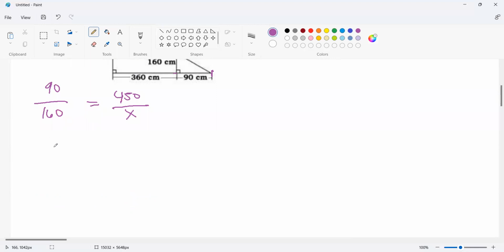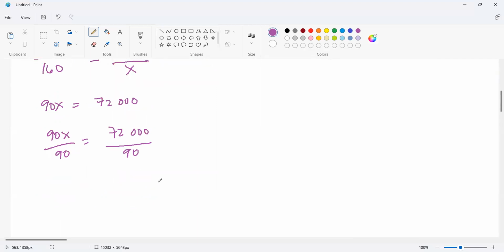And this will do the cross multiplication now. Cross multiply, you will get 90x equal to 450 times 160, you get 72,000. Correct me if I'm wrong. Then we divide both sides by 90. You'll get how much?